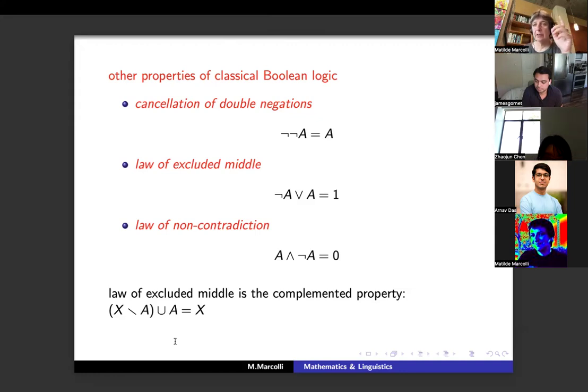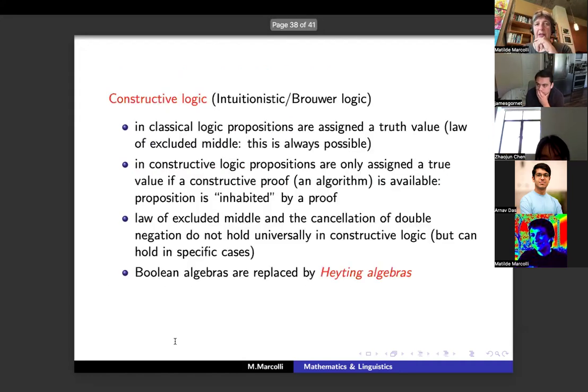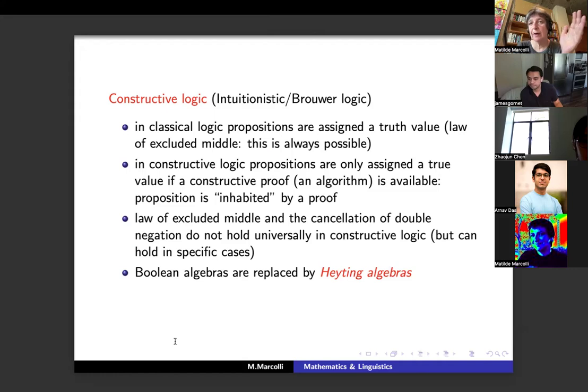There is another way of thinking about logic, which is not exactly Boolean logic, and that is constructive logic, also referred to as intuitionistic or Brouwer logic. The idea is that in classical logic, propositions can always be assigned some truth value. The law of excluded middle says that this is always possible.